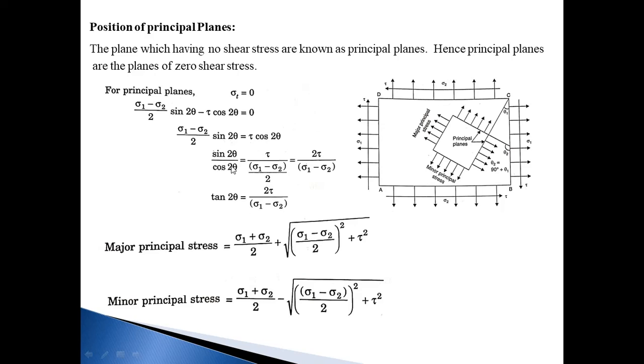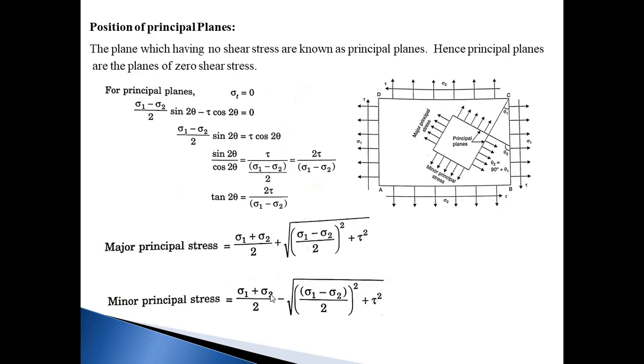So sin 2 theta divided by cos 2 theta is equal to tau divided by ((sigma 1 minus sigma 2) divided by 2), which is 2 tau divided by (sigma 1 minus sigma 2). So tan 2 theta becomes 2 tau divided by (sigma 1 minus sigma 2). This is the position of the principal plane. By using this equation we can find theta.